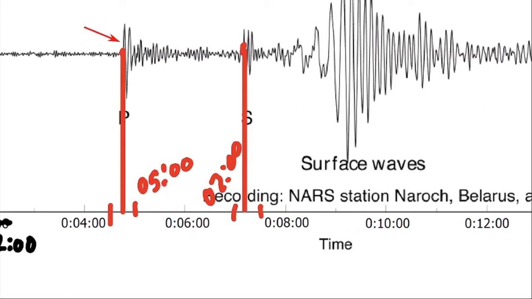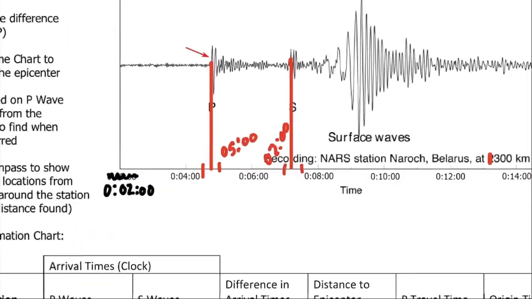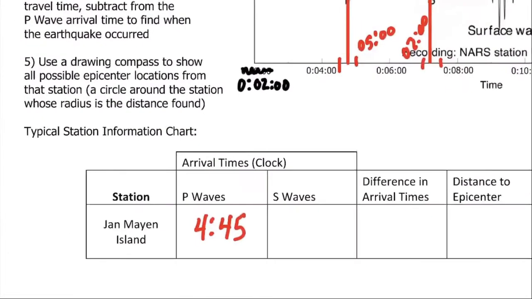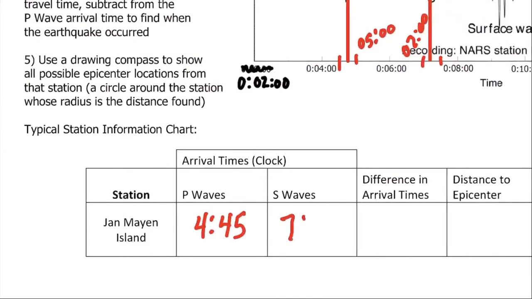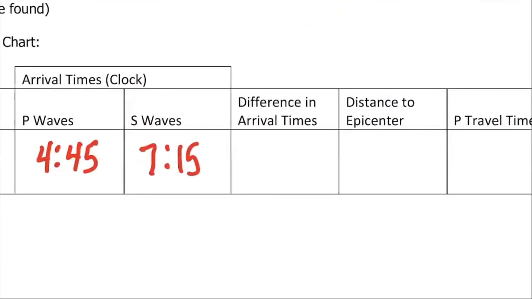So that's about 7 minutes, 15 seconds. Again, I'm just estimating. You might get 10 seconds, you might get 20 seconds, a little in either direction. It's okay. I'm just going to go with 15 because I know the answer. So I'm going to write 7:15.